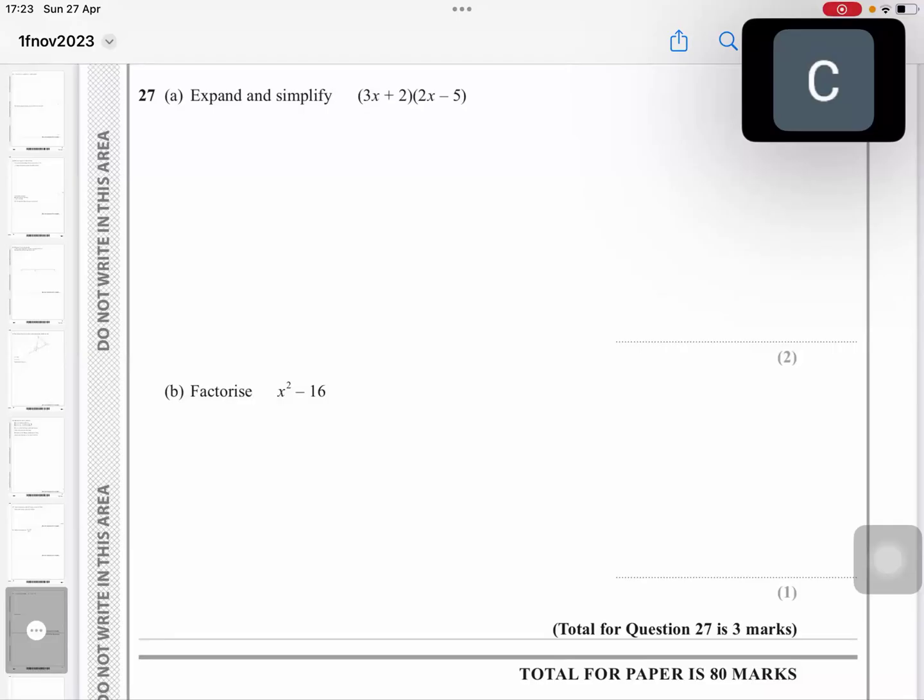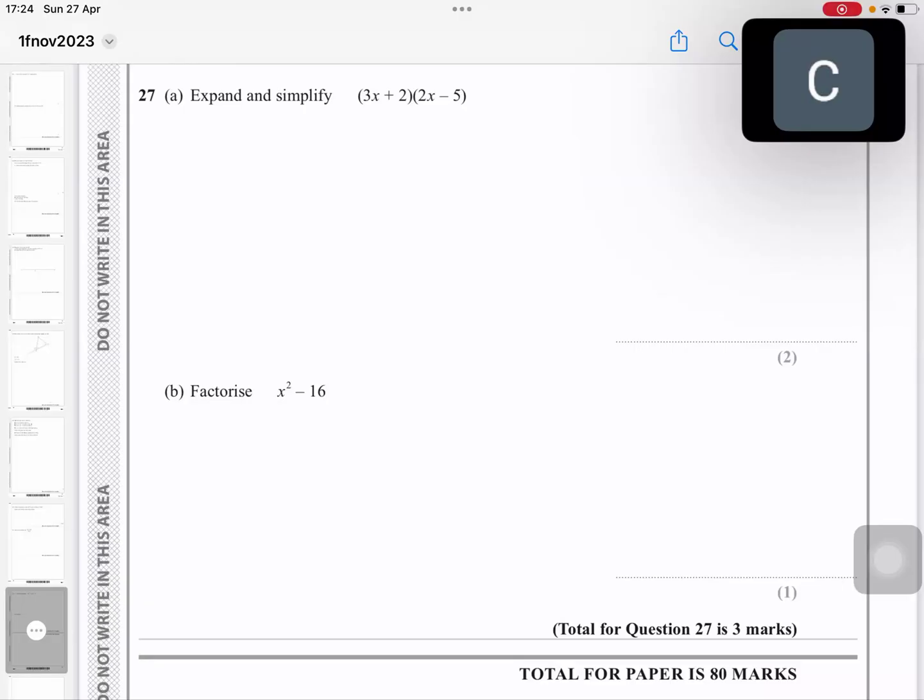You would take that 3x. Well, okay, this is the method that I have in mind, right? You take the 3x, multiply the 2x. That should give you 6x squared. And then take the same 3x and multiply by minus 5.